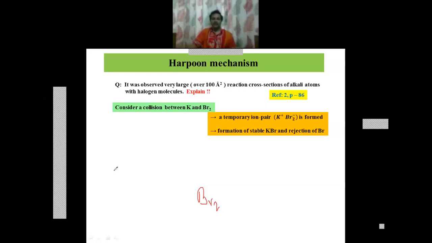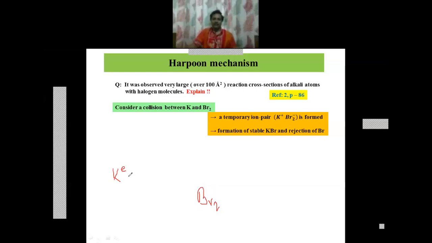Now potassium is coming from a far distance, right. Potassium has a single outer shell electron, and the ionization potential of this electron is pretty low, right. On the other hand, the Br2 molecule has an electron affinity that is quite high, right.